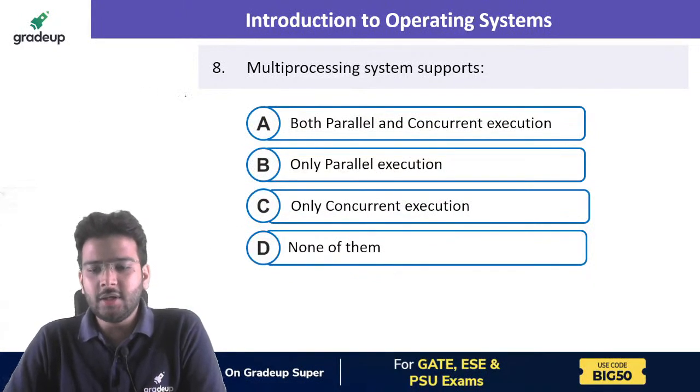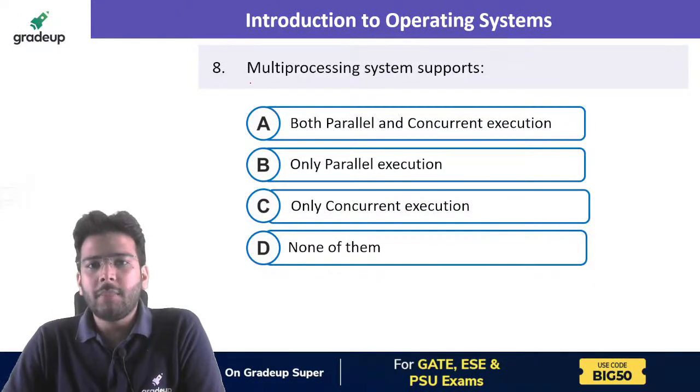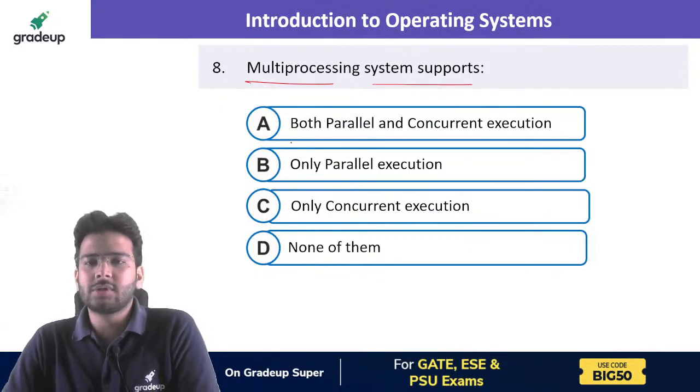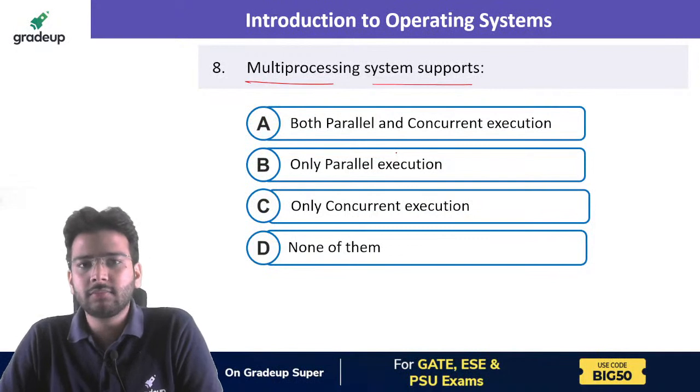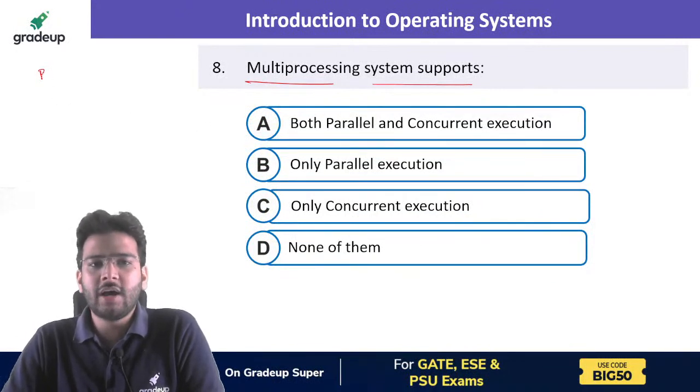So let's read the question now, everyone. Multiprocessing system supports. So does it support only parallel execution? For example, suppose we have P1, P2 and P3 processes. So if we have a multiprocessor system, P1 can execute, P2 can execute, P3 can execute. That is fine.